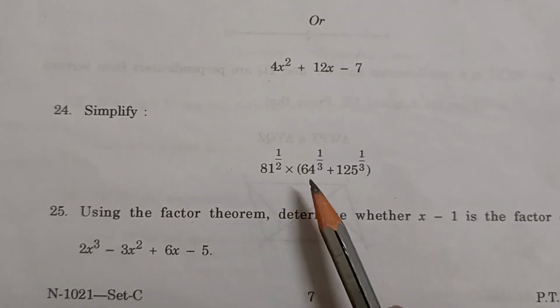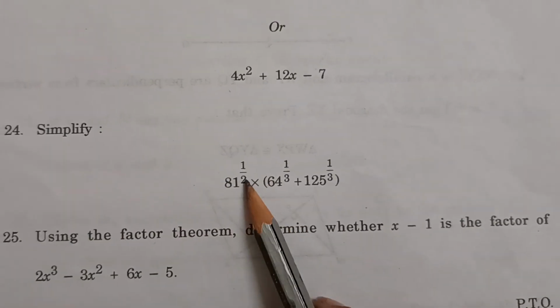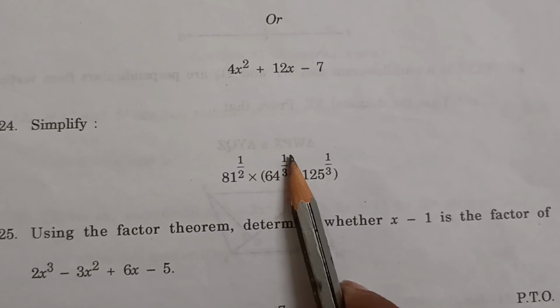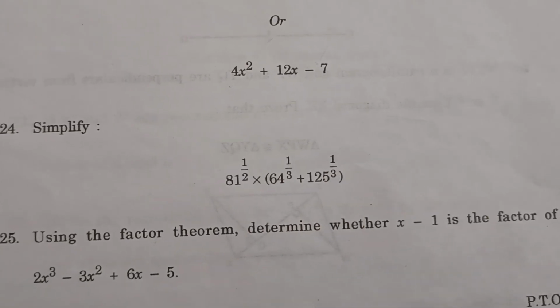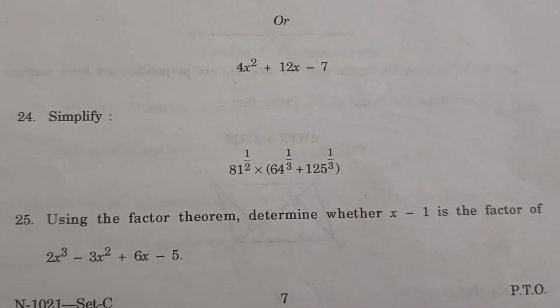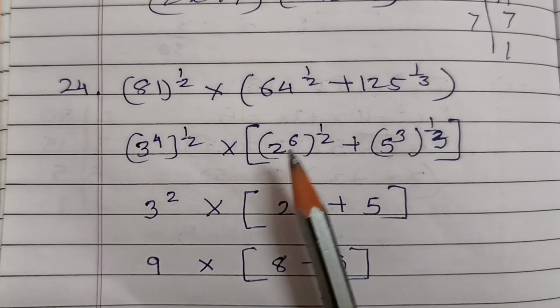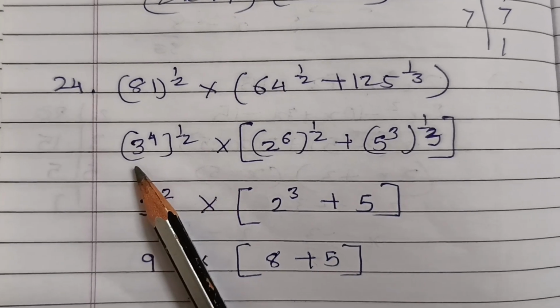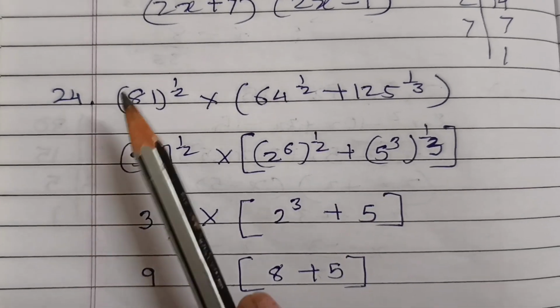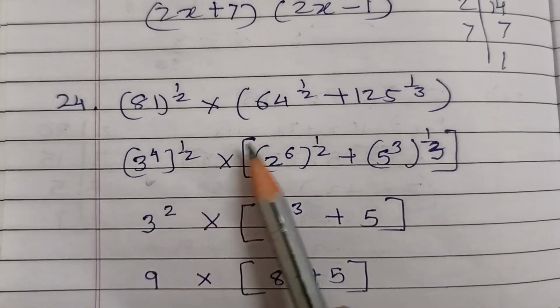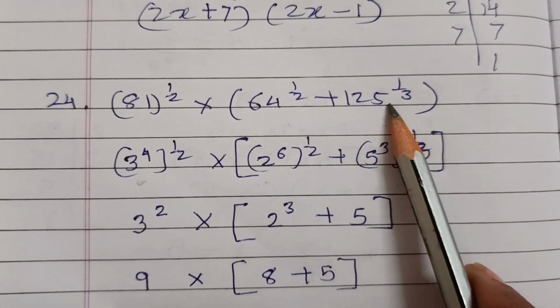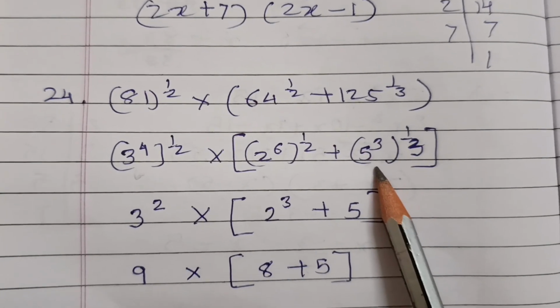Question number 24. Simplify. 81 raised to 1 upon 2 into 64 raised to 1 upon 3 plus 125 raised to 1 upon 3. Let us solve this. We will find a number so that we will get bases 2, 3 and 5. So here 81 can be written as 3 raised to 4, 64 is 2 raised to 6, 125 is 5 raised to 3.